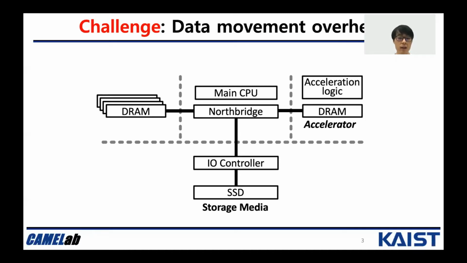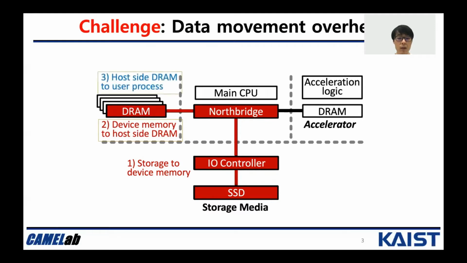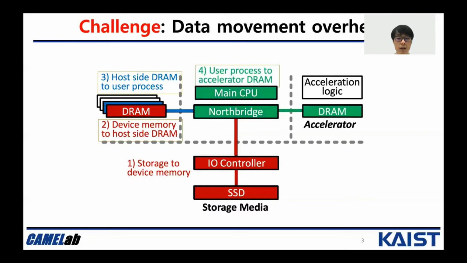If the accelerator needs to access the data from the host side storage media, data needs to be copied from SSD to device memory and travel through the I/O controller and north bridge, and arrive at the host side memory. Then the CPU accesses the data from host side memory and copies the data to the user process, which runs DNN computation. Finally, the data in the user process is again copied to the accelerator side DRAM.